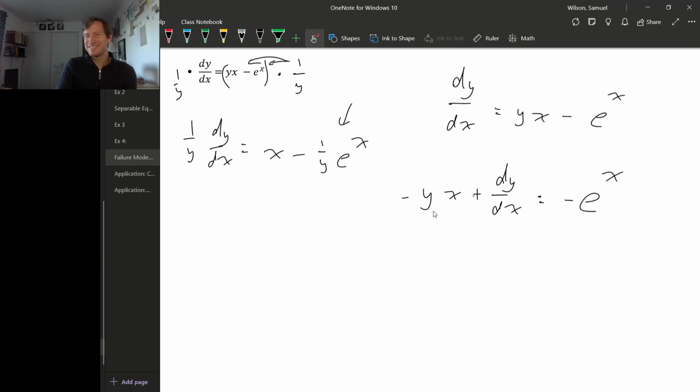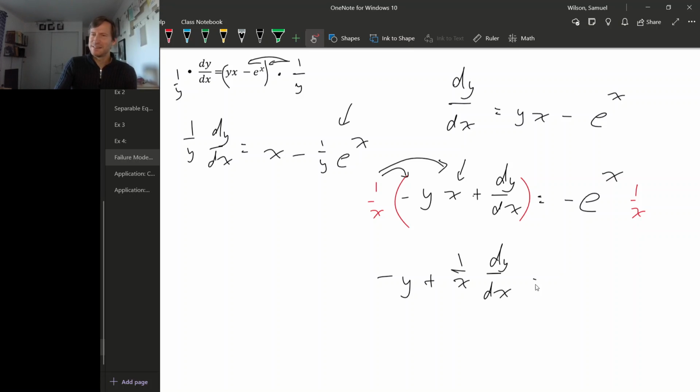But this hasn't separated our variables either, because we still have an x on the left-hand side. I guess maybe we could try multiplying both sides by 1 over x. Well, we're going to have to distribute this 1 over x, and when we do that we get minus y plus 1 over x dy/dx equals minus e to the x over x. But again, still we have some x's on the left-hand side.